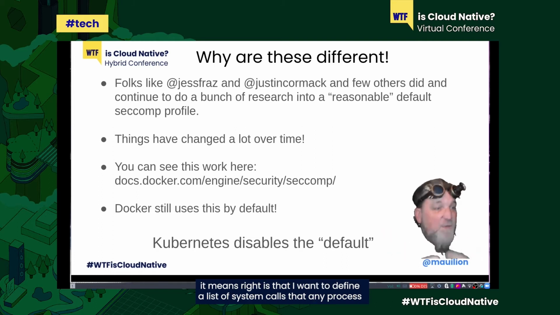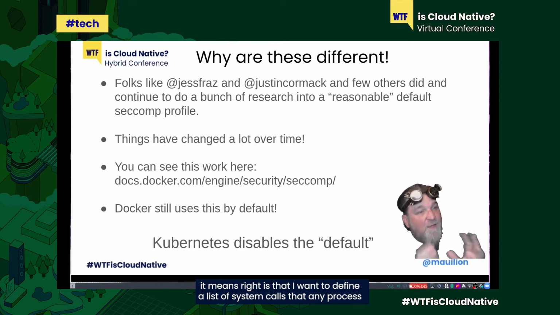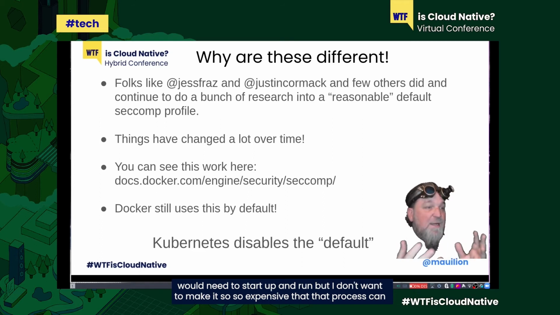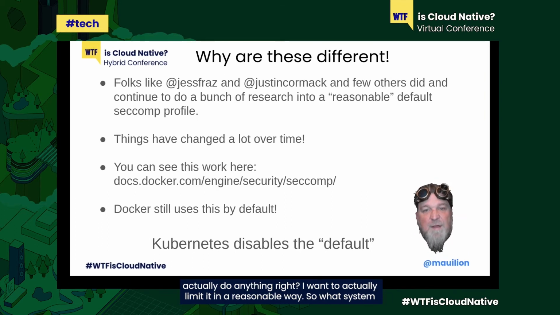What it means is that I want to define a list of system calls that any process would need to start up and run, but I don't want to make it so restrictive that the process can't actually do anything. I want to limit it in a reasonable way.